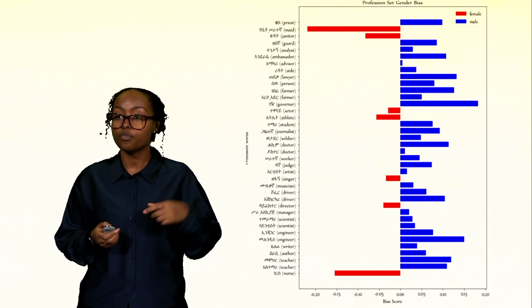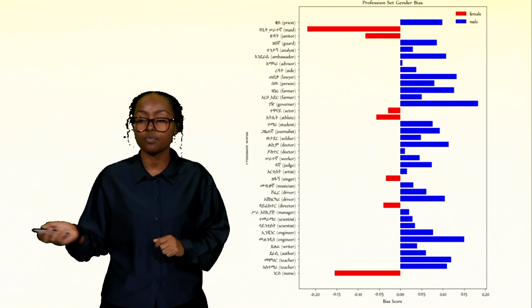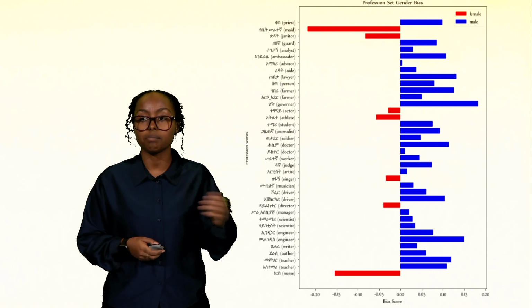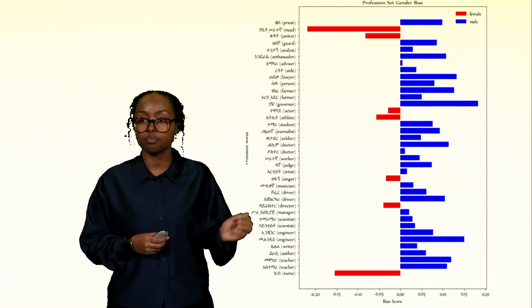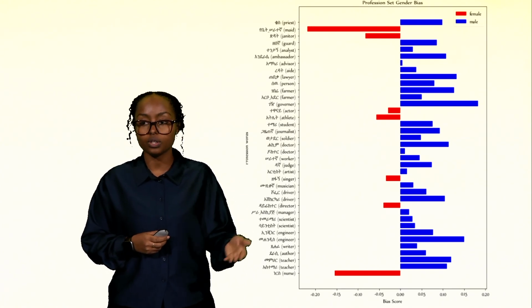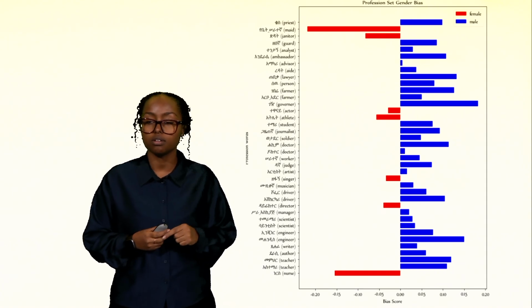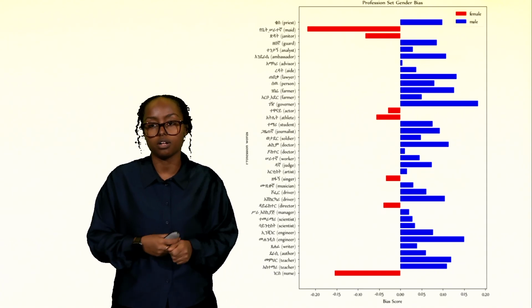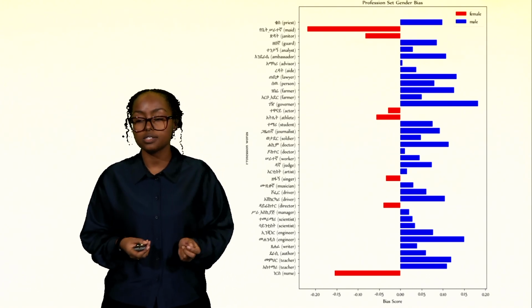As you can see, for most of the profession words that were supposed to be gender neutral, they were found to be leaning towards the male gender, notably except for the professions of nurse, maid, and janitor, and a few other outliers. Most professions were strongly associated with male. And this is one way of measuring bias in your corpus.